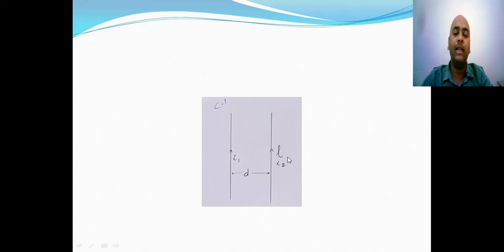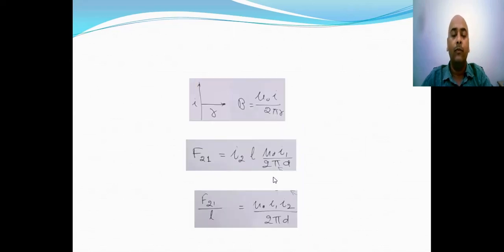So we have to calculate the force experienced by conductor 1 when current I2 flows in conductor 2. We can use the Biot-Savart law in order to calculate the magnetic field produced by a current carrying conductor.